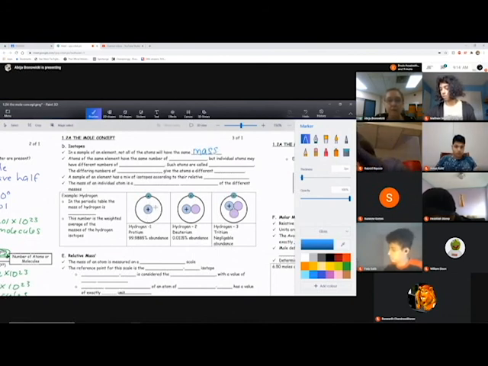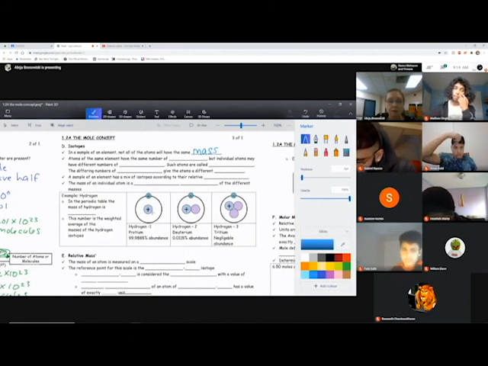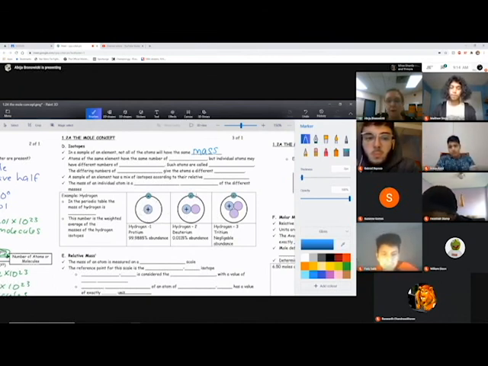For example, if I have a sample of hydrogen, some of the hydrogens are going to have a mass of 1, since this has 1 proton. Some of the hydrogens are going to have a mass of 2.